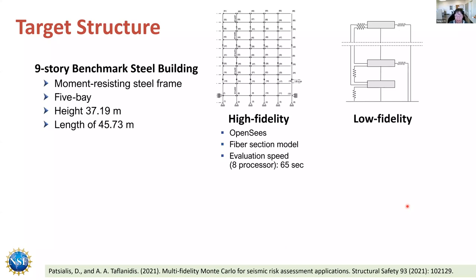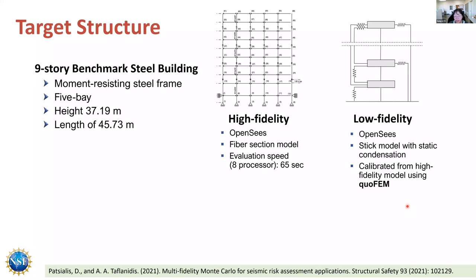And then we have the low fidelity model, which is also written in OpenSees. This is basically a stick model with additional springs, whose quantities are obtained by static condensation. But to capture the non-linearity, we needed to do some calibration based on the results of the high fidelity simulation model.